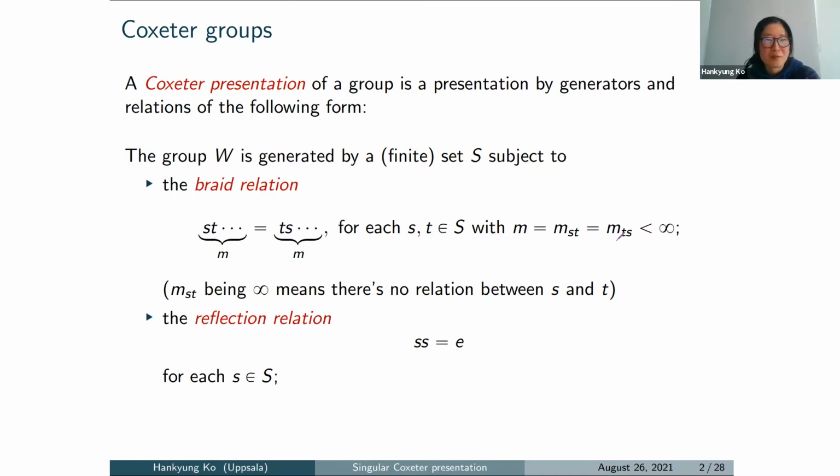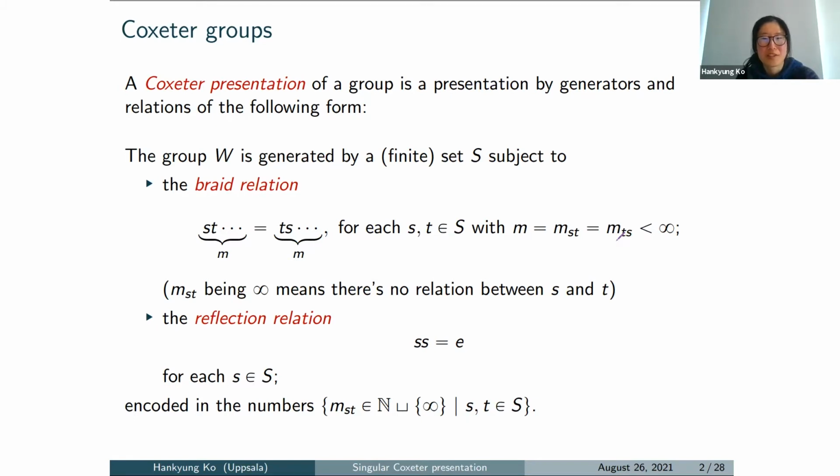Another class of relations is the reflection relation, which is S times S is the identity element. The identity element will be denoted by e. And this holds for every element in the generating set S. So the presentation can be recovered from these integers m_{st}.